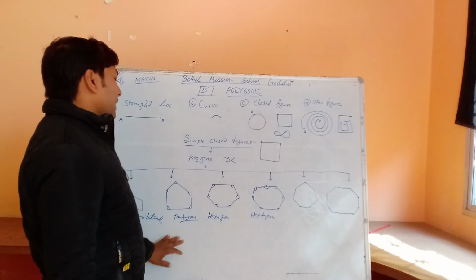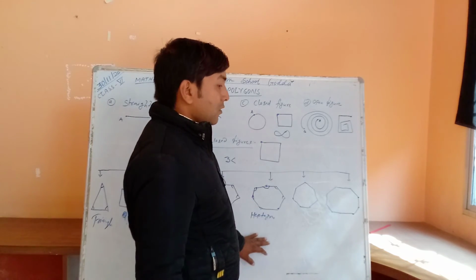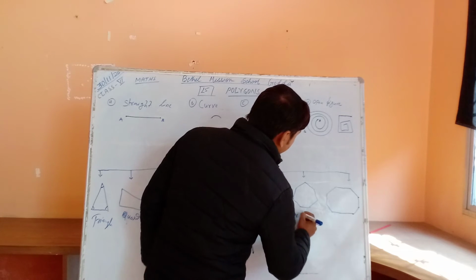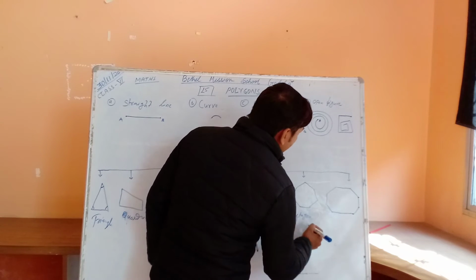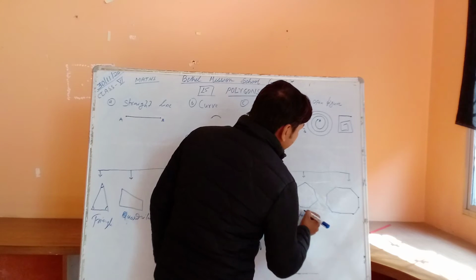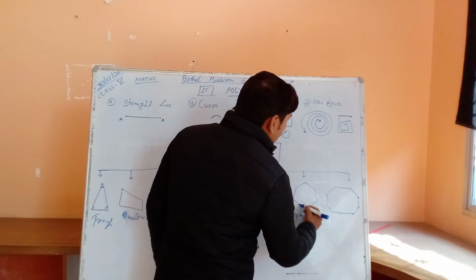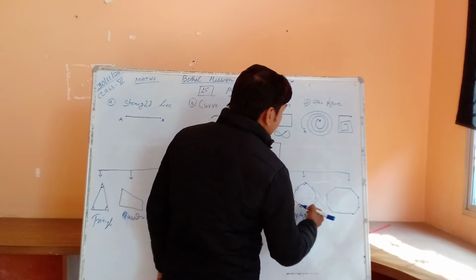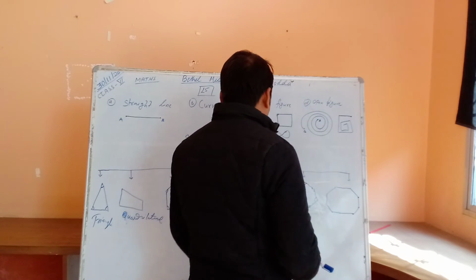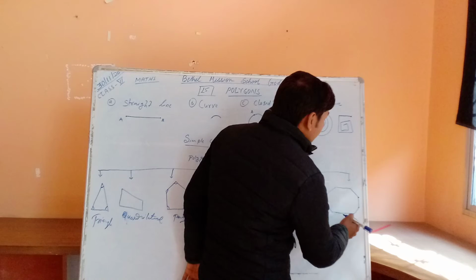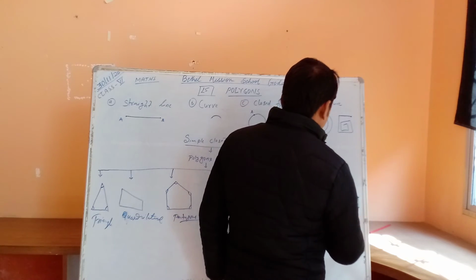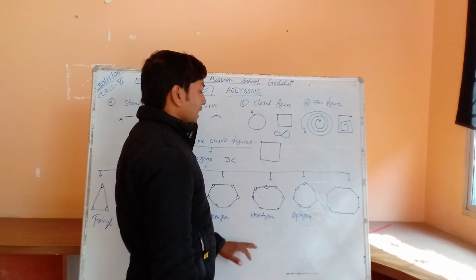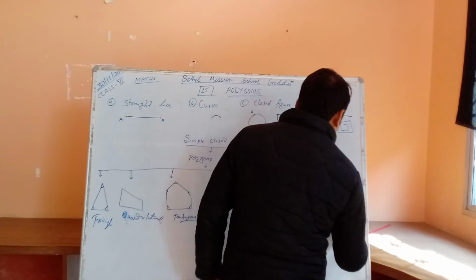Triangle, quadrilateral, pentagon, hexagon, heptagon, octagon. Then octagon has 8 angles: 1, 2, 3, 4, 5, 6, 7, 8. Hexagon, heptagon, octagon, and at last penta, hexa, hepta, octa, and nona.